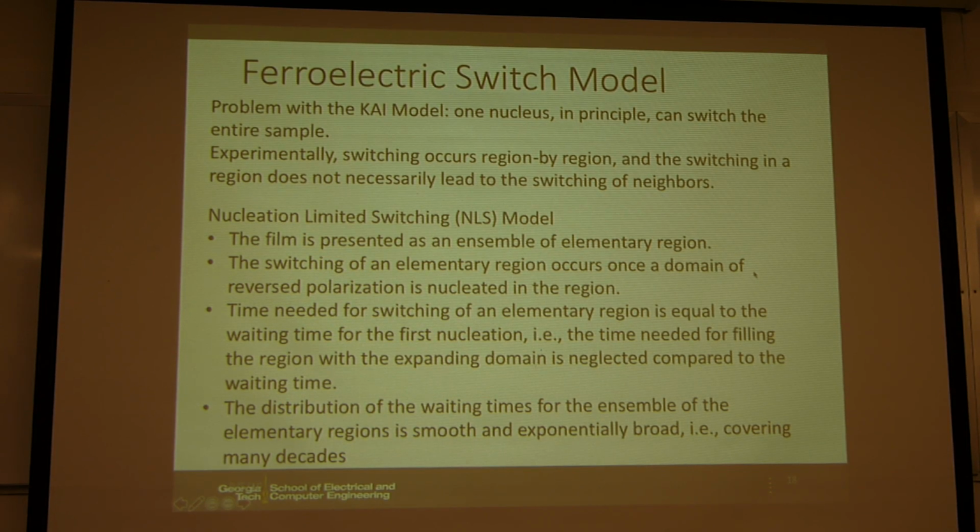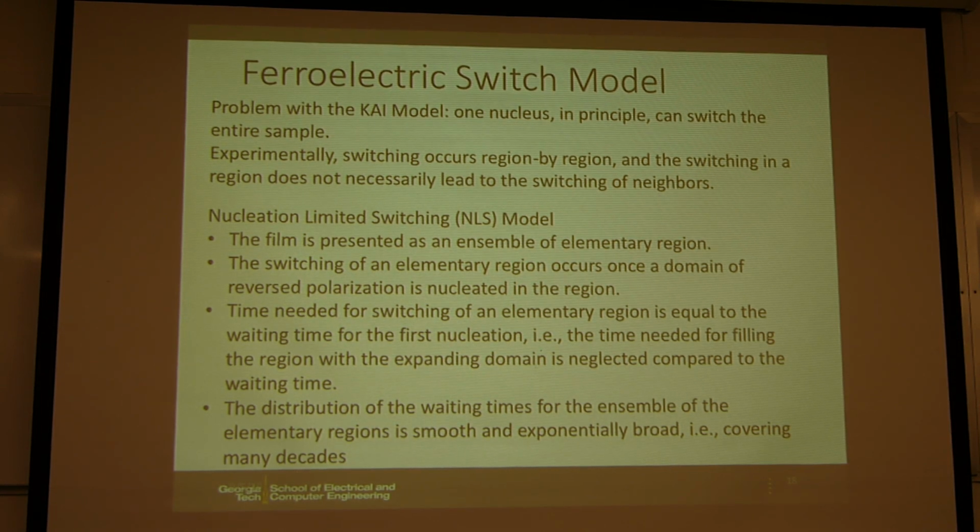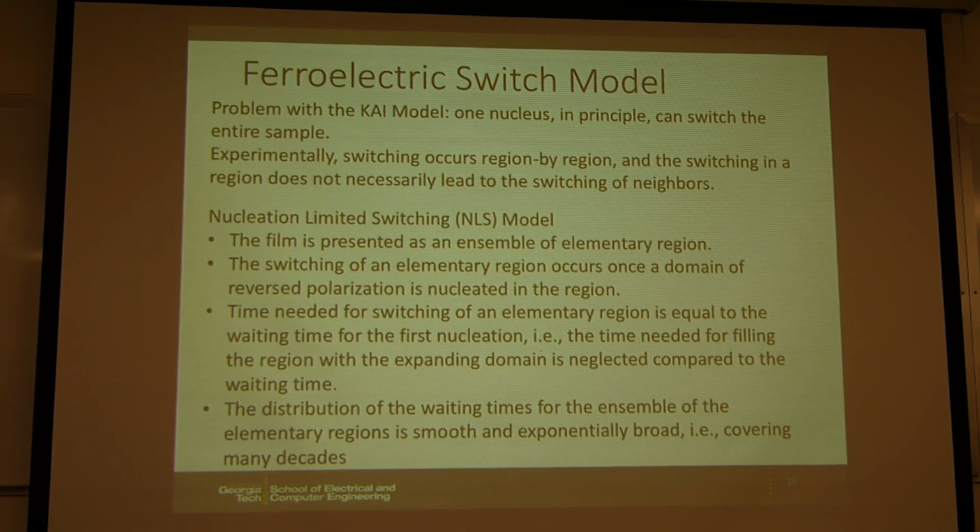The problem with the KAI model is that the domains can grow without restriction. That means even if you have one nucleus, you can still switch the entire sample. This is not true from the experimental perspective, because switching in one region may not lead to switching in other regions. That's why the NLS model is proposed. In the NLS model, the film is considered to consist of elementary regions.